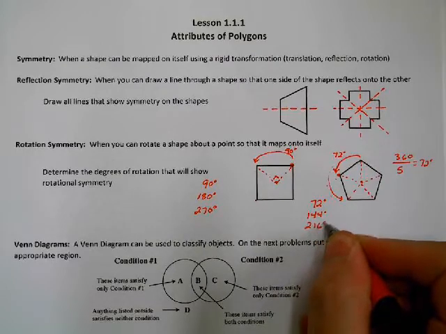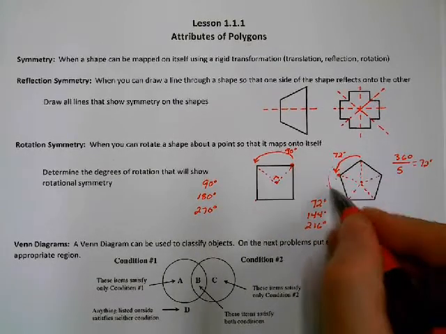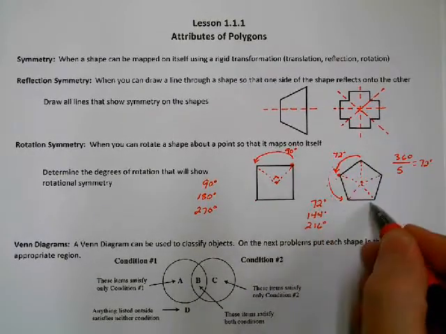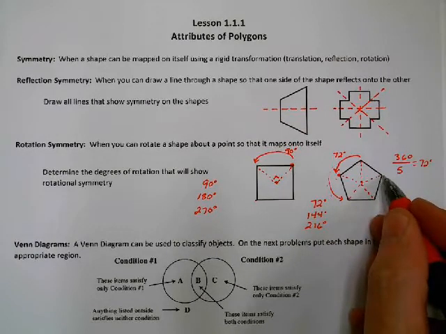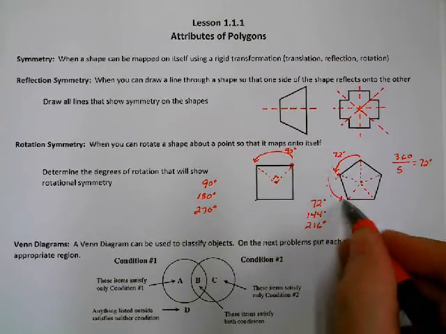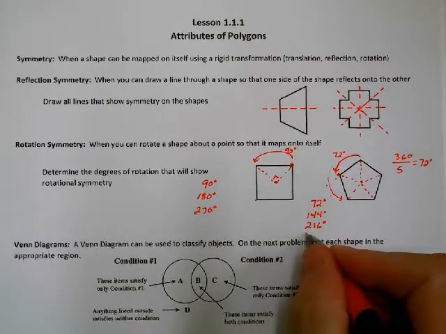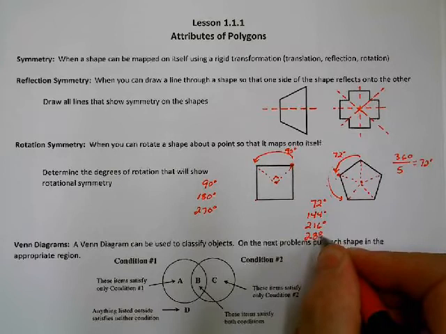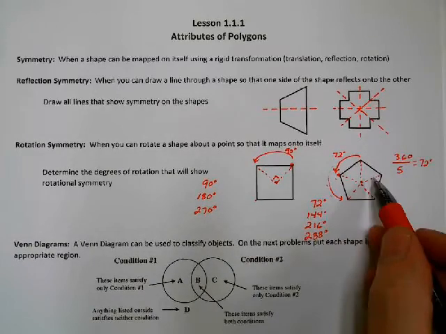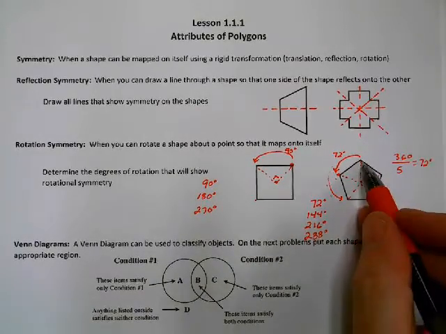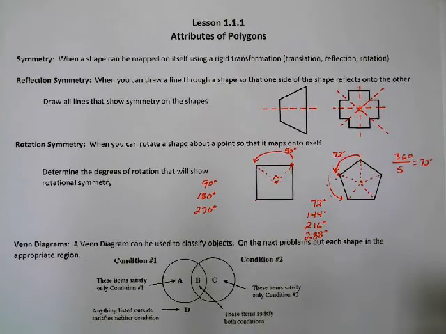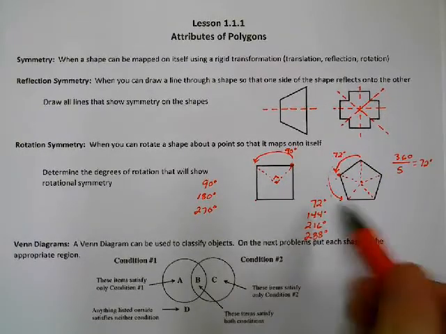So I've rotated here, here, and then all the way to here. And then it looks like I can get another 72 degrees. So 1, 2, 3, 4 72s. That would be 288 degrees. And then the last one, if I add 72 to this, I'm back at 360, and we don't count 360. So this one looks like I can rotate it 4 different times for 4 different degrees.